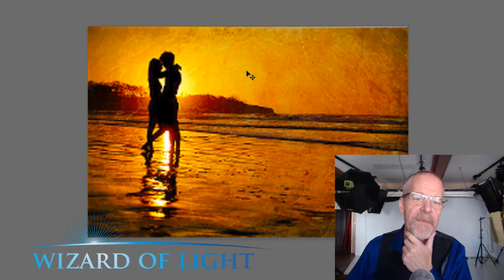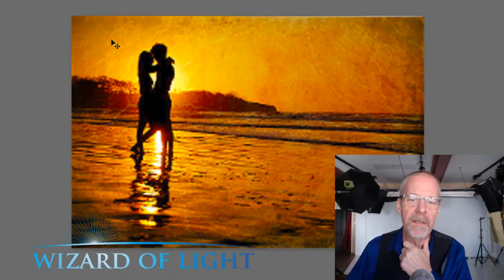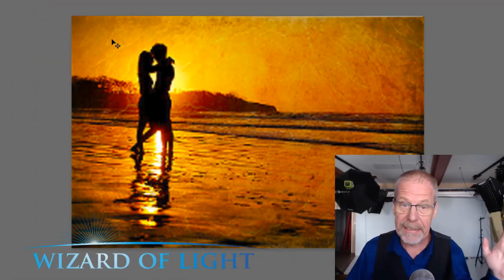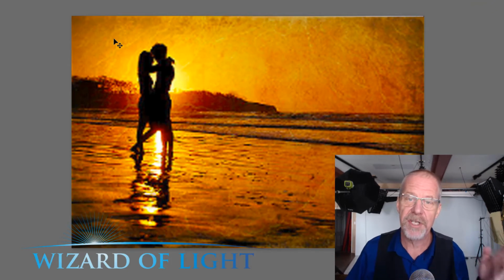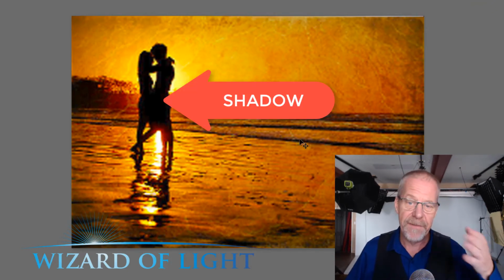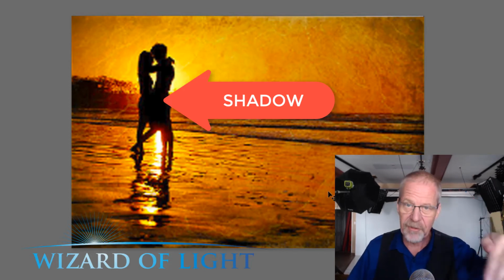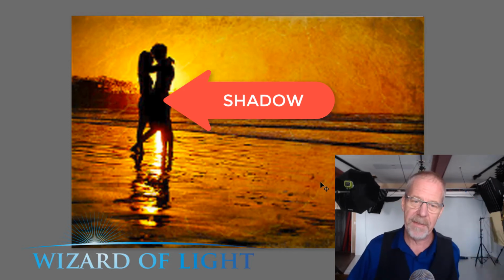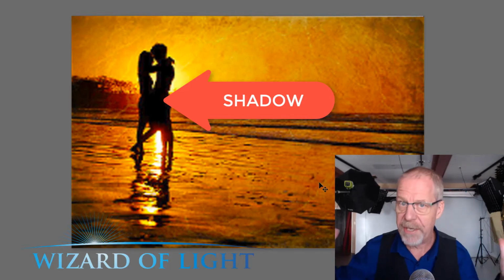Let's go down here and look at this picture here. Now, if we look at this snapshot I photographed years ago down in Costa Rica, you'll notice that the couple is completely in darkness, that's called shadow. So when you look at an image like this, if you were actually standing in this scene at the time I took the picture, it would be like broad daylight.